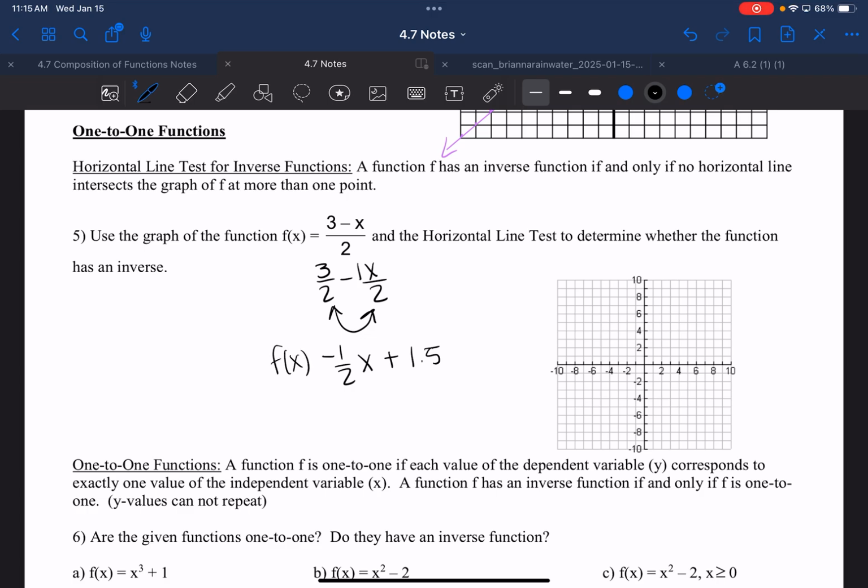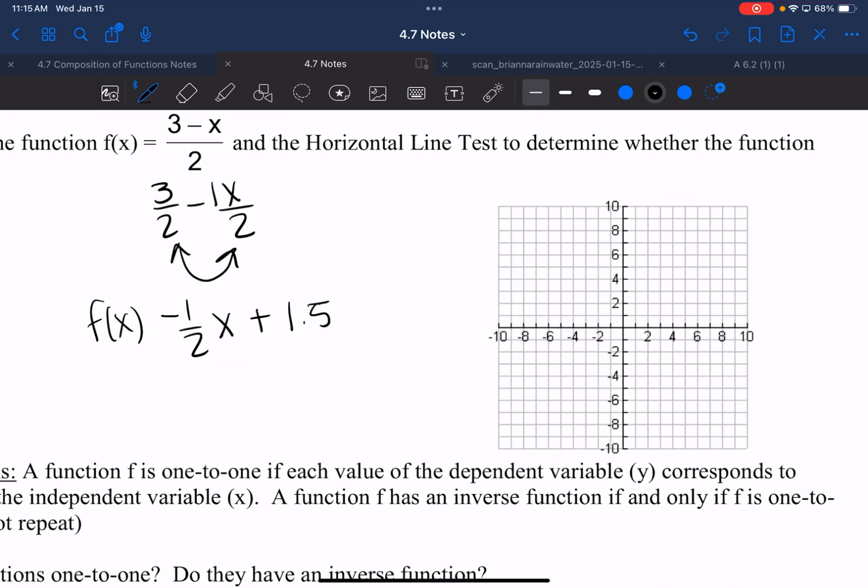So I'm going to come over here and graph it so I can see if it would pass vertical and horizontal line tests. So it's going to start at 1.5, and then our slope tells us to, it is negative.